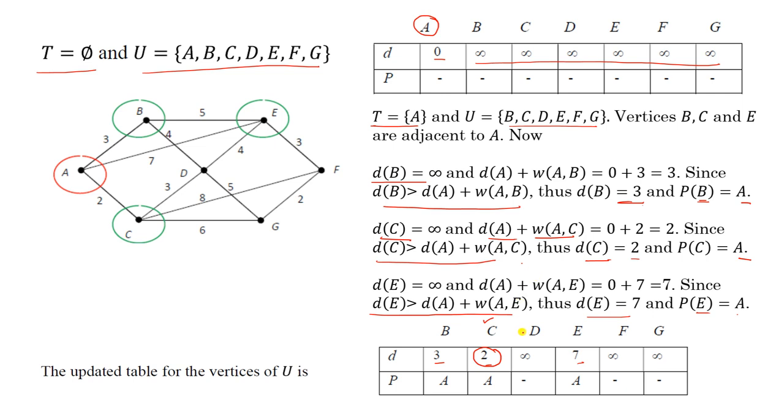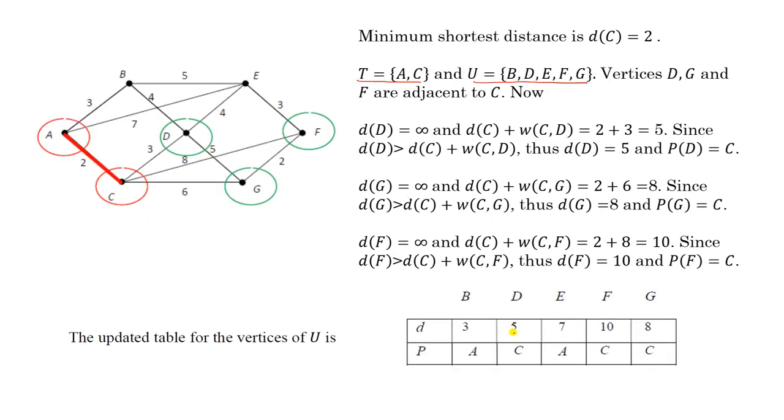If you go back, dD is infinity, this is the existing distance, and now you will calculate the distance of D through C. So dC plus WCD, you know dC equals 2, WCD means the distance between C and D, this is 3, so 2 plus 3 equals 5. Now this condition dD greater than dC plus WCD is satisfied. So this distance dD will be updated and you will write it as 5, and the parent of D will be C.